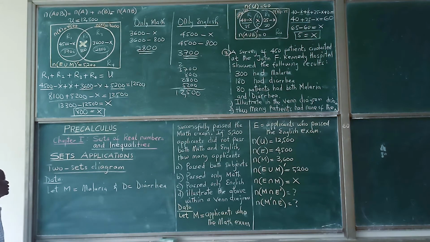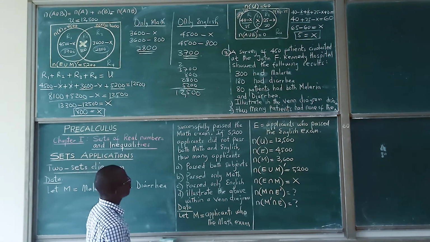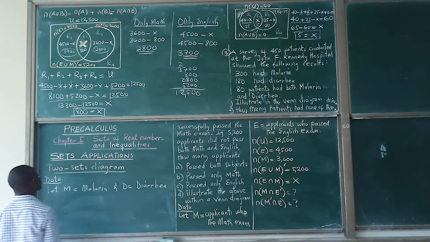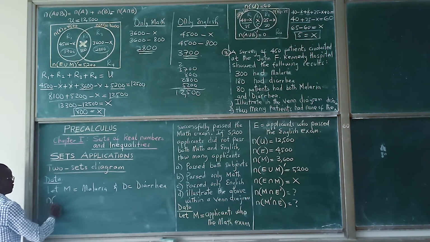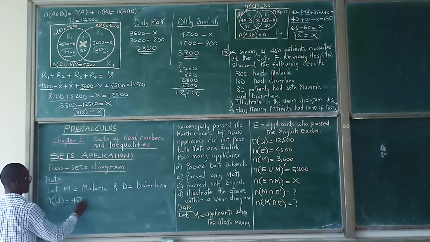The next thing we know is that the survey was conducted among 450 patients. So that is the universal set, n(U) equals 450.